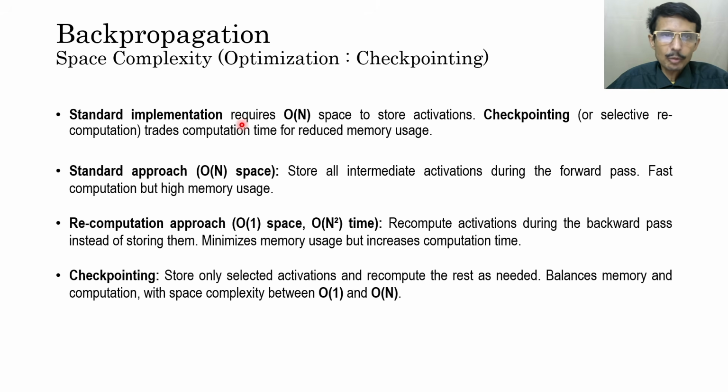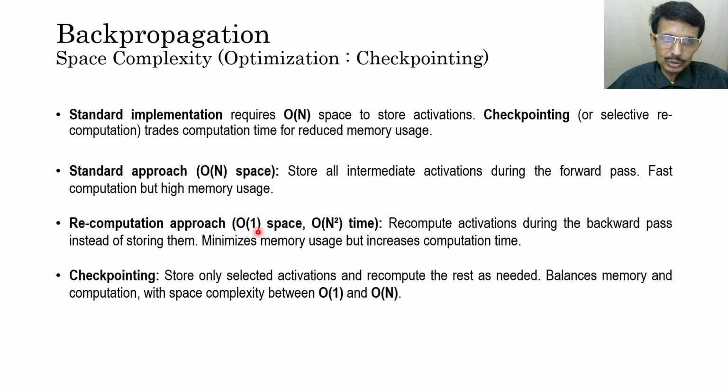So checkpointing is an optimization step. The standard implementation requires often a lot of space to store activations. Checkpointing or selective recomputation trades computation time for reduced memory usage. The standard approach is big O of L space to store all intermediate activations during the forward pass. It gives fast computation but high memory usage.